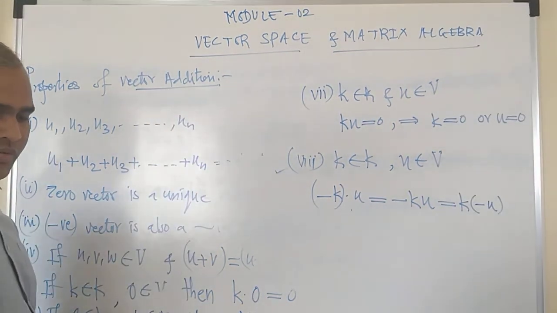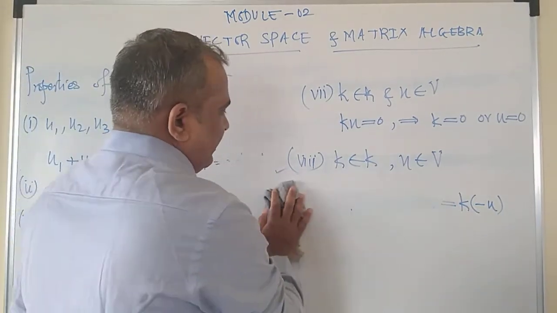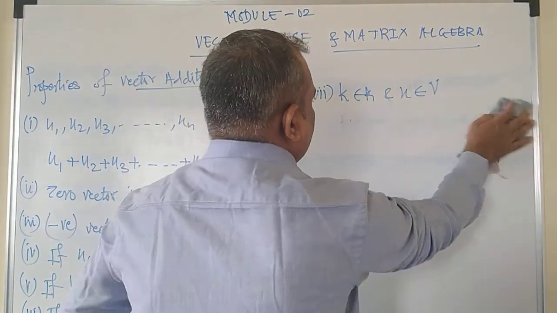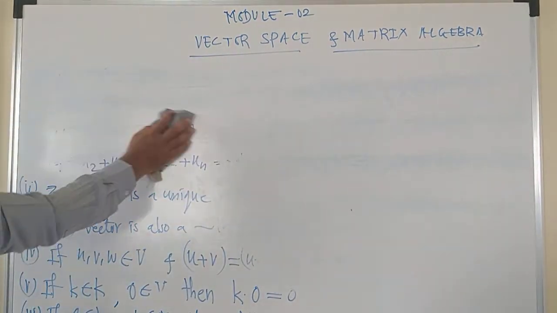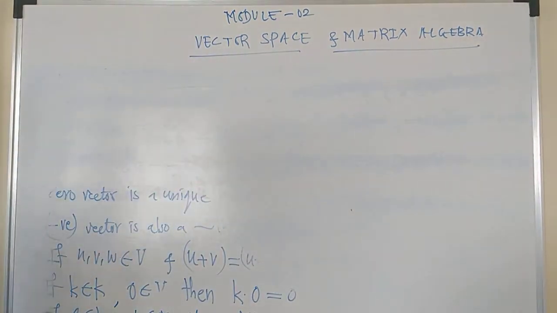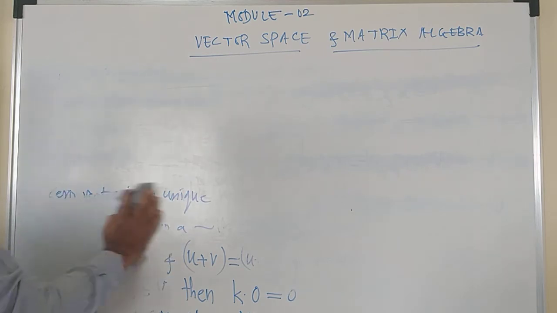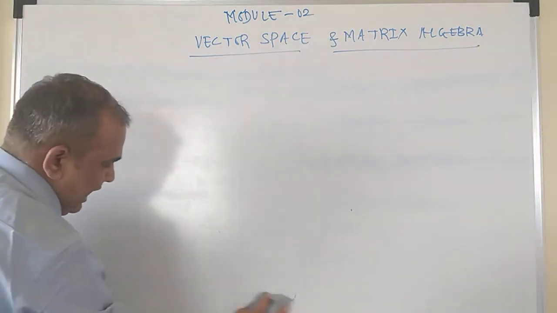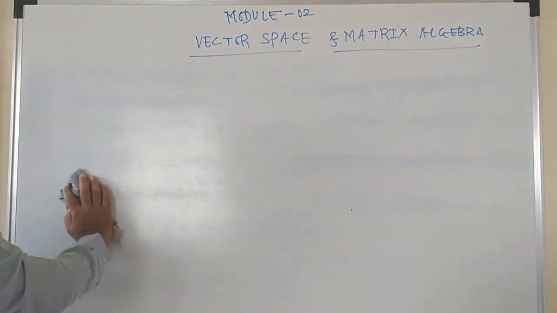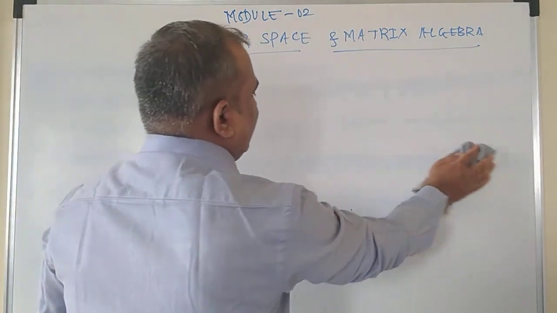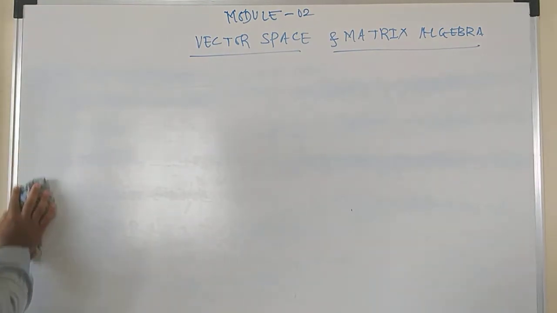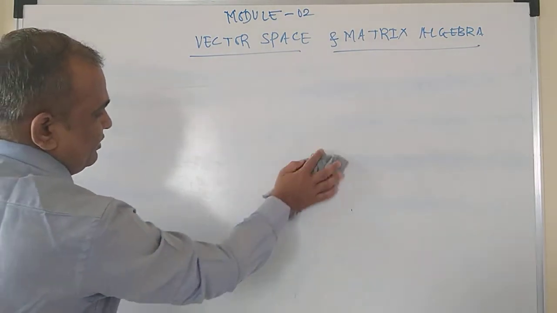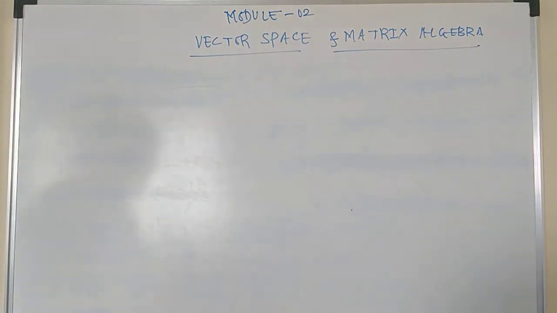Now let's go for one example and follow all these rules and check whether the given example follows all the 8 conditions for addition and for multiplication or not. If this is followed, then and only then the given set is said to be a vector space of a field K, otherwise not.